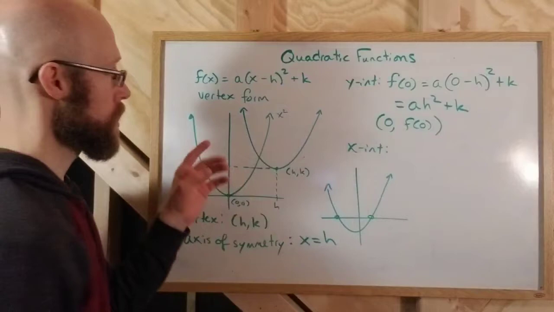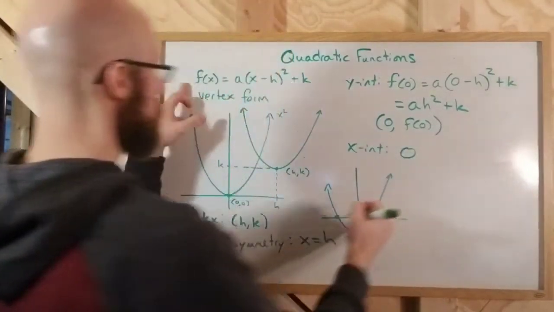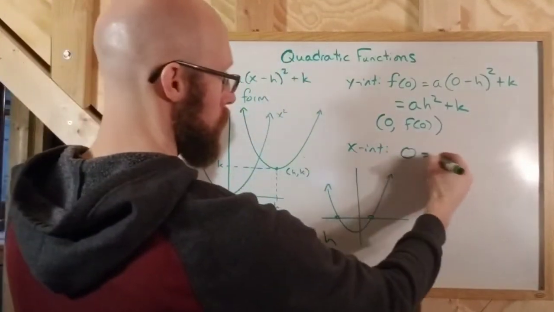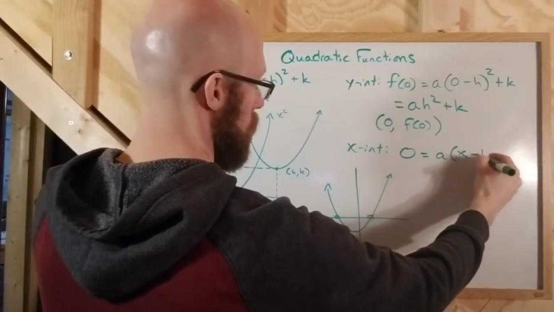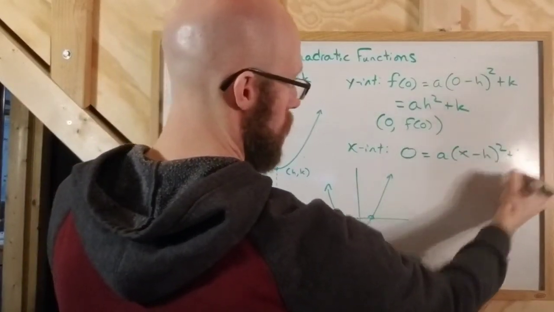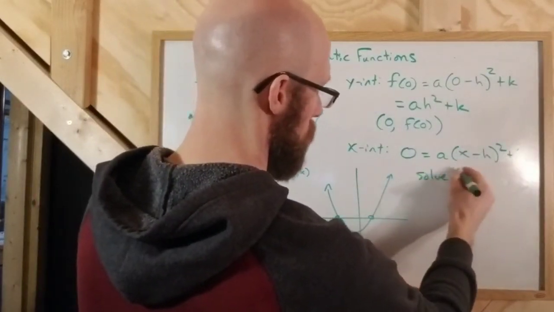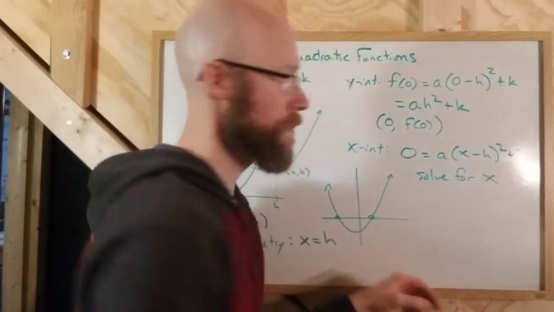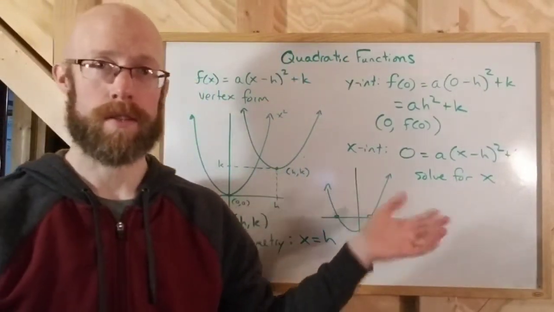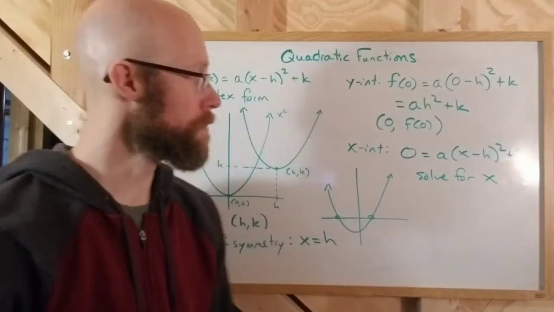Those x-intercepts, again, are found by setting the function equal to 0, and you're going to solve for x. Now, there's not a nice formula for this. You just have to solve it.